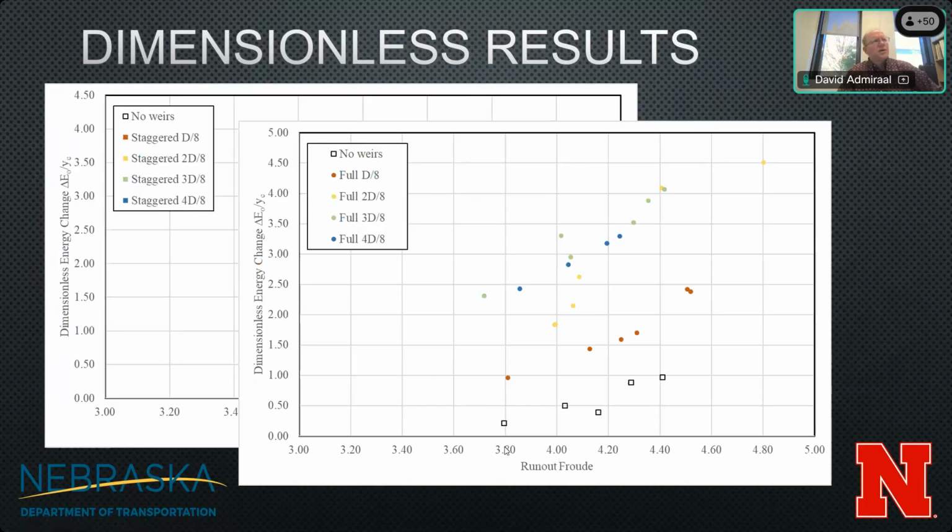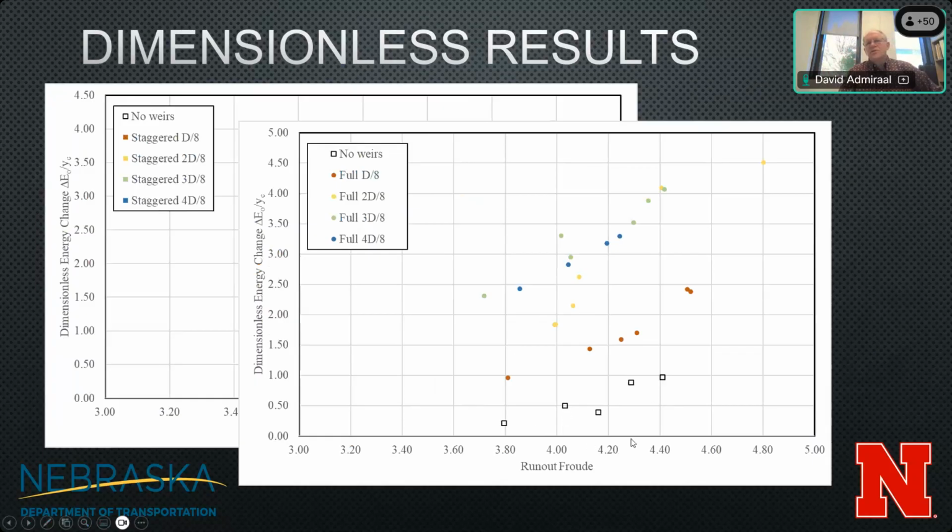No, I got that wrong. It's 0.1 to 0.5 cubic feet per second. So the discharge is changing a lot between these tests, but the runout Froude number doesn't change very much. The reason is that the Froude number is based on the velocity in the numerator and the depth in the denominator. And as the depth goes up, the velocity goes up, so the Froude number stays about the same.